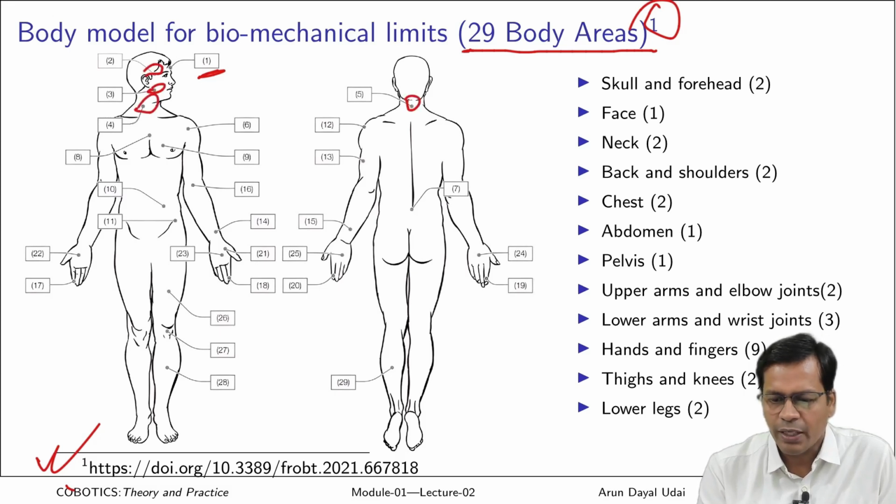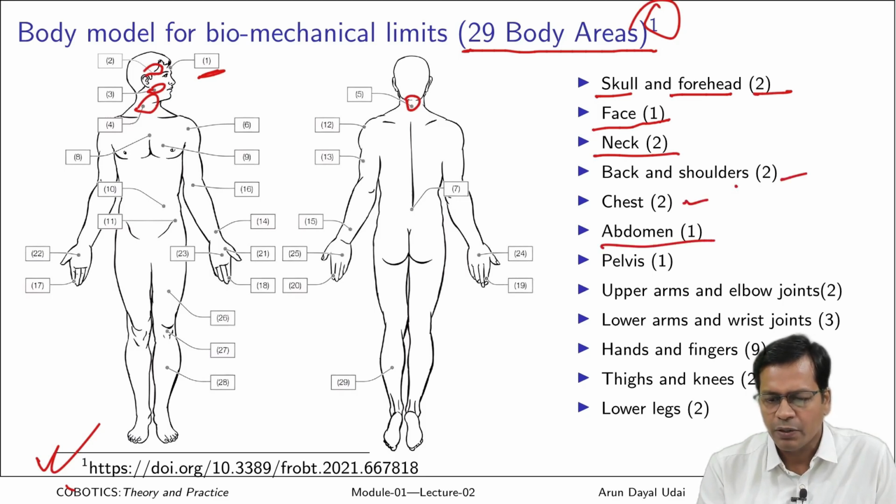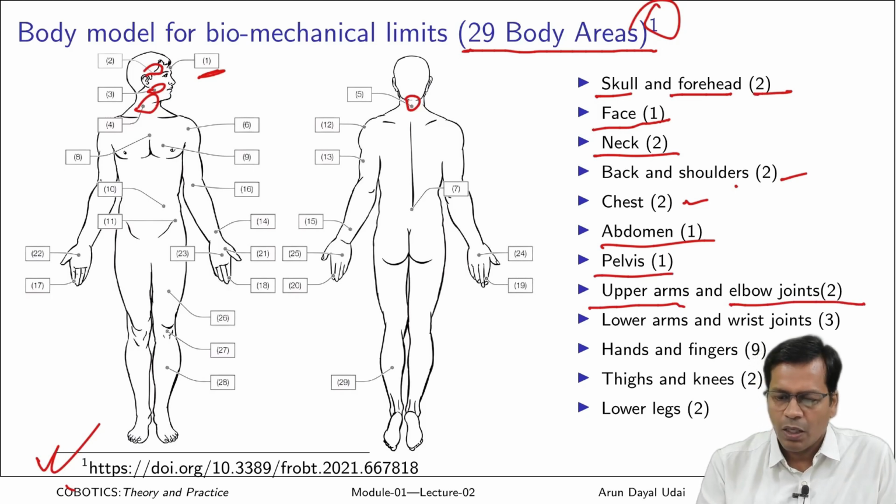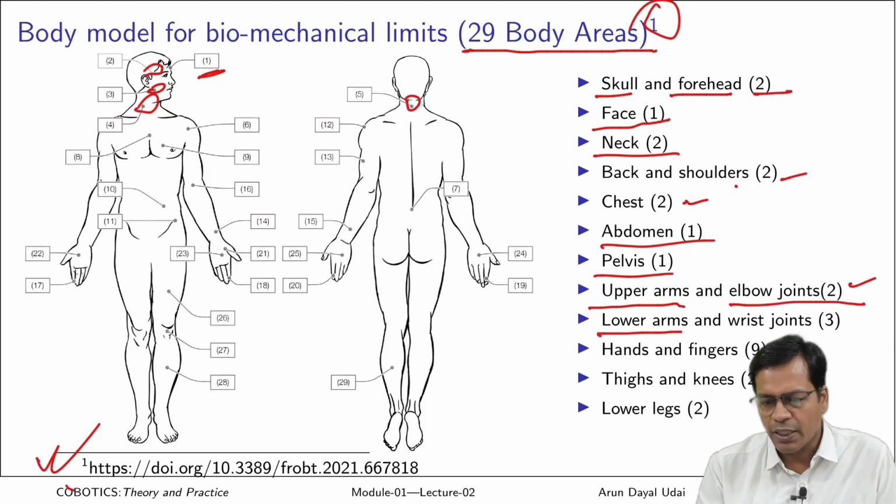There are skull and forehead, 2 locations, face 1, neck 2, back and shoulder 2, chest another 2, abdomen, pelvis, upper arm and the lower upper arm and elbow joints there are 2, lower arms and the wrist joint there are 3, hands and fingers there are 9.